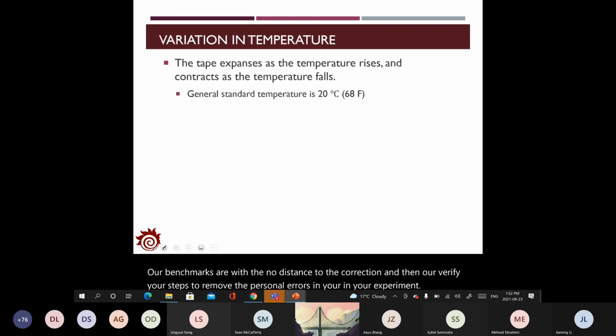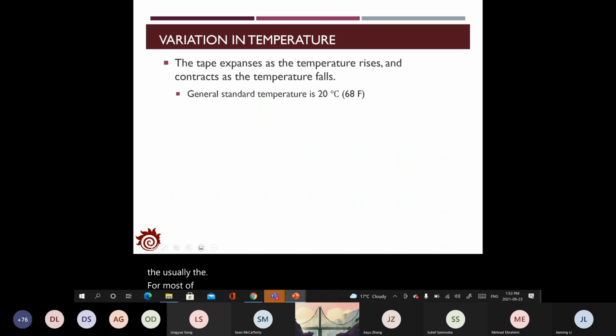In these slides, we will actually focus on the correction from the instrumental error and the nature error. The first one we're going to introduce is about the variation in temperature. We know that when the temperature increases, usually for most materials, they're going to expand a little bit.